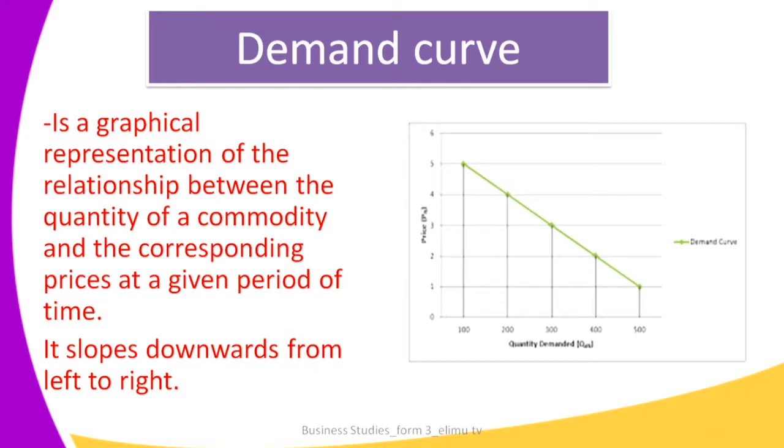It's important to note that the demand curve slopes downwards from left to right, and it defines the relationship between the quantity demanded and the price of a product. You are going to realize that the higher the price, the lower the quantity demanded, and that is why the demand curve slopes downwards from left to right.